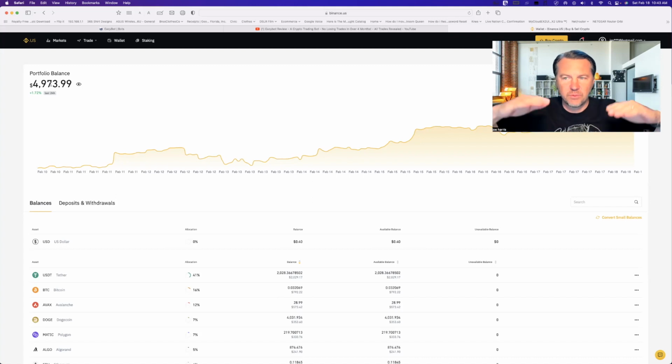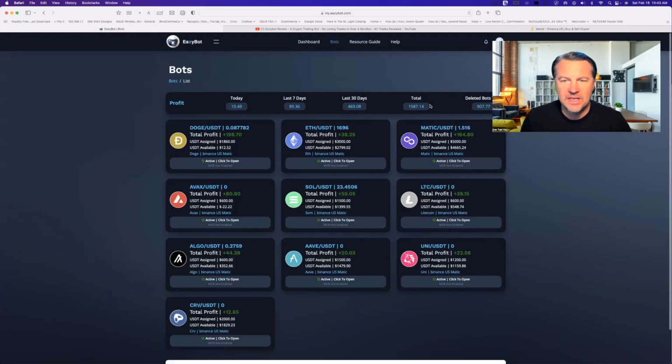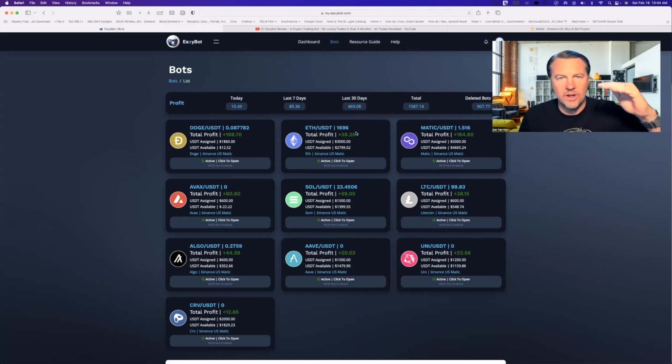But the 1,422 or the 1,587 is the amount of money I've made in the bot, and that has to do with the actual profit per trade, not the underlying asset going up. Even though the coins have gone up, I made my money in USDT, so it stays out of there. It's actually money made on the trade.